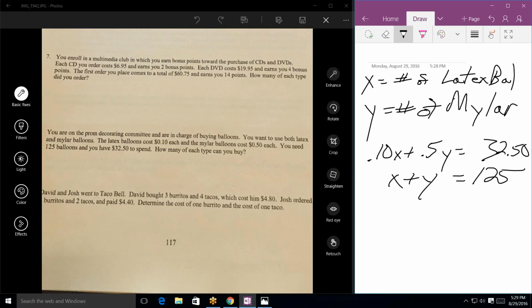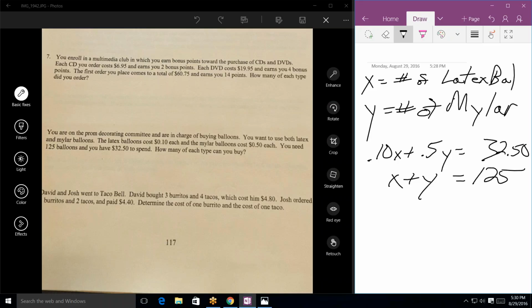So let's see. X would be the cost of one burrito, and Y would be the cost of a taco. Correct. And notice that we've got some costs in here. But that's okay, because what that's telling you is that he had 3 burritos and 4 tacos and it cost him $4.80. Wow, where can you get that deal? At Taco Bell, really?